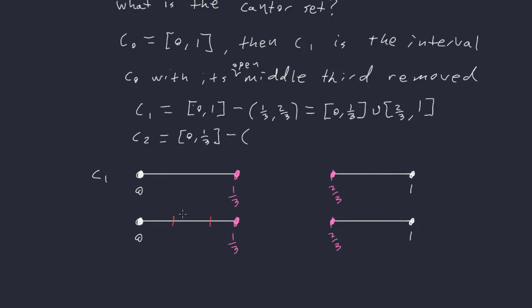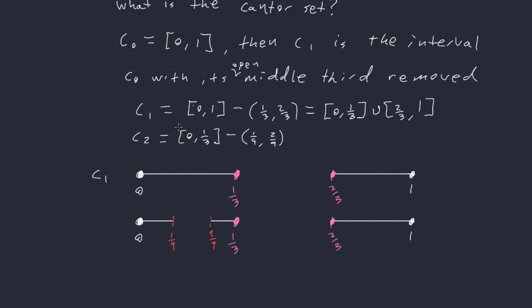And if we're chopping an interval of 1/3 into thirds, these would be ninths, right? This would be 1/9, this would be 2/9, and this would be 3/9, which would be 1/3. So we're actually removing this middle third here. So let me write that up here. We're removing the open set 1/9 to 2/9.